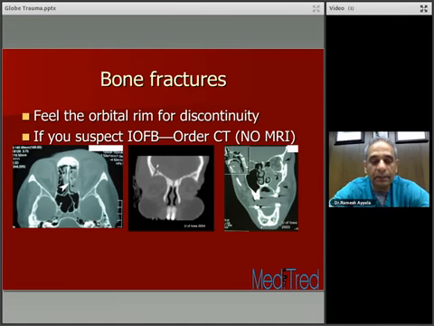And this probably is the most common reason why an ophthalmology resident is called into the emergency room. So feel the orbital rim for discontinuity. If you suspect intraocular foreign body, you want to order a CT, not an MRI, because these intraocular bodies could be magnetic. And by ordering an MRI, you're forcing the foreign body to come out in a disruptive fashion.